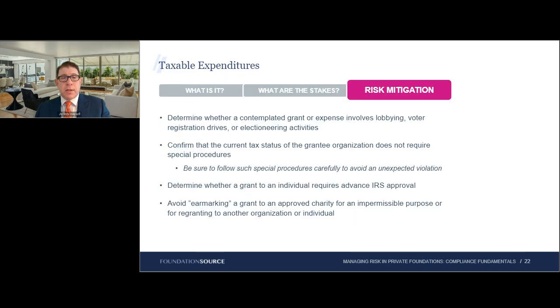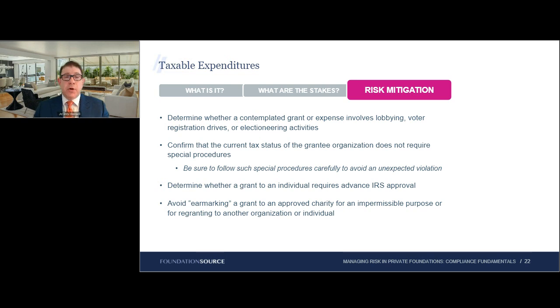Well, the first order of business when making an expenditure is understanding whether it's flat out prohibited or not. For a grant to an organization, you'll need to research the organization's tax status so you can figure out whether special procedures need to be implemented to make that grant.